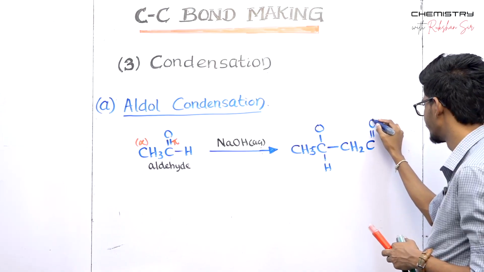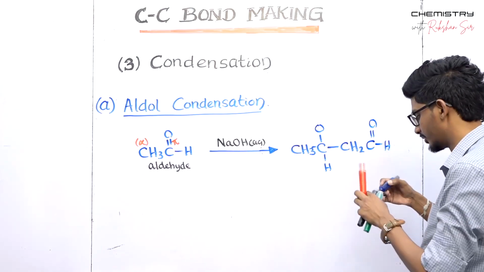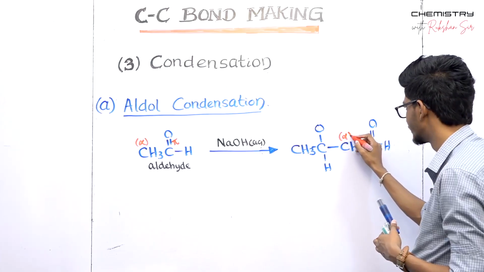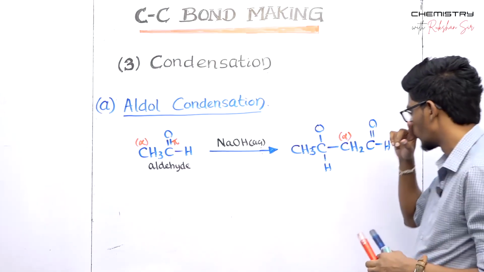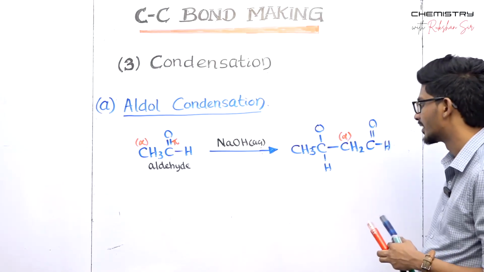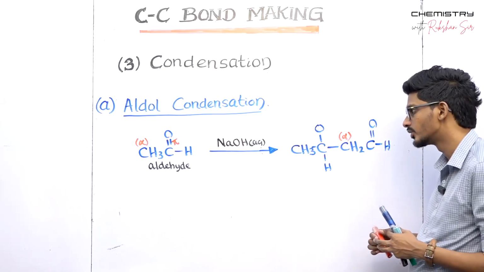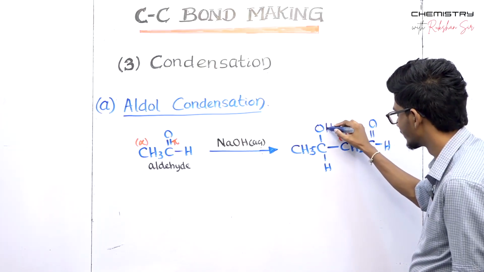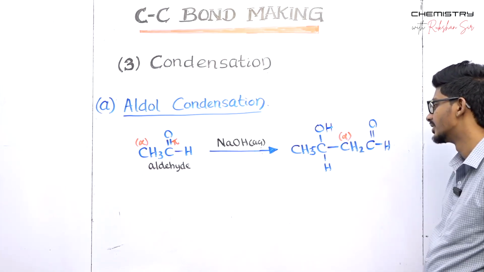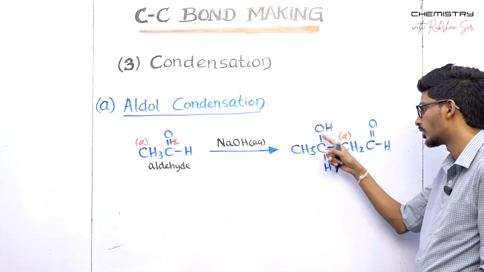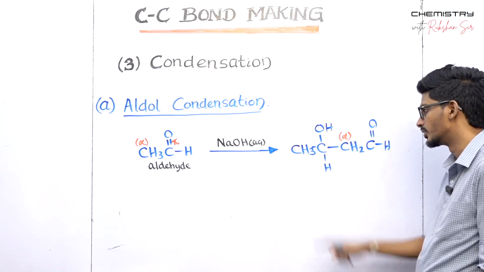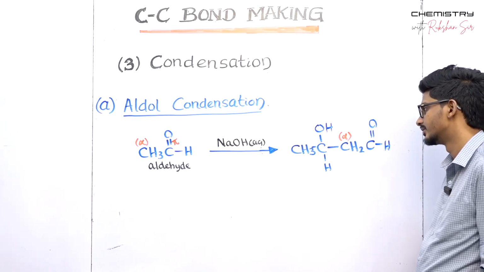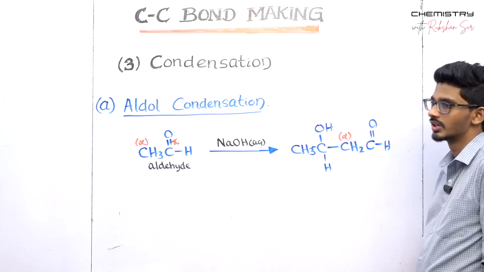This is the alpha carbon, no? Just connect the alpha carbon to this carbon. You have removed one of the hydrogens, and that hydrogen is going to be written here, because you need 2 bonds to come up as a neutral oxygen. So just add that removed alpha hydrogen here. This is your compound.